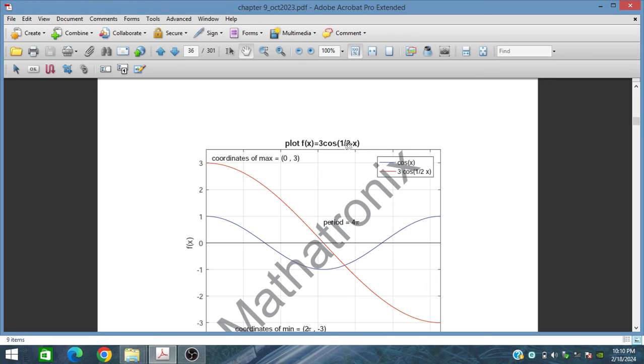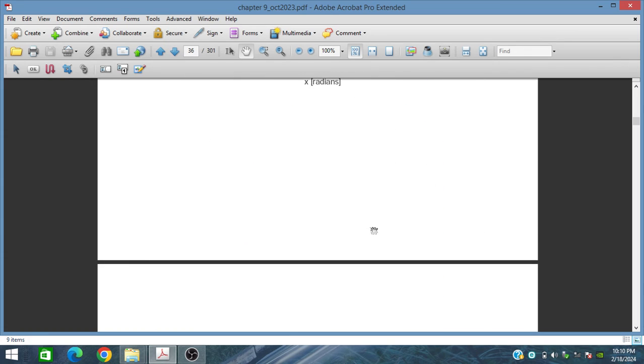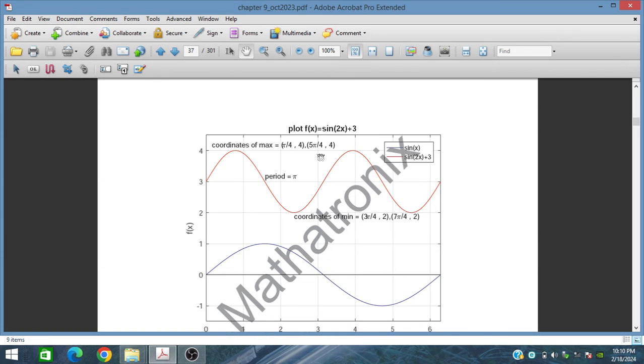At 360 degrees, this becomes 180. At 90 degrees, it becomes 45. At 180 degrees, it becomes 90. So if you place the value x as 180, then it becomes 90. So we can understand why it is plotting like this.